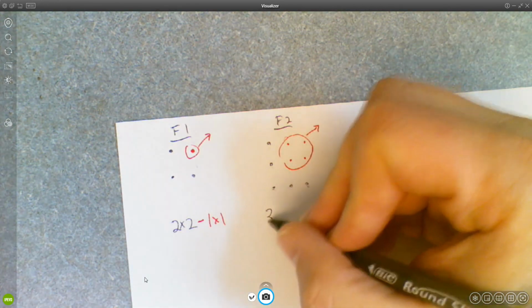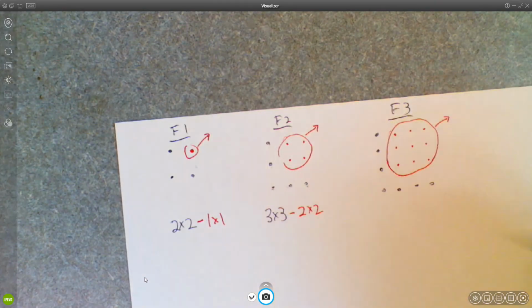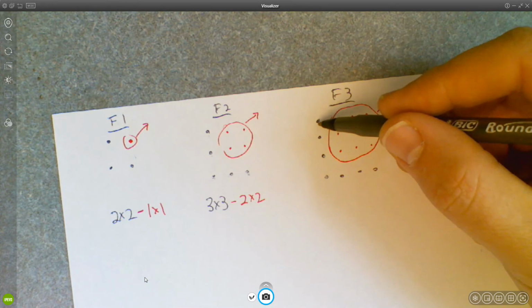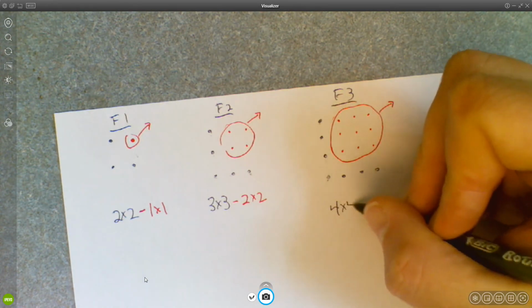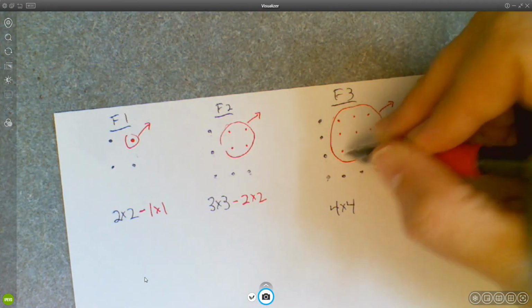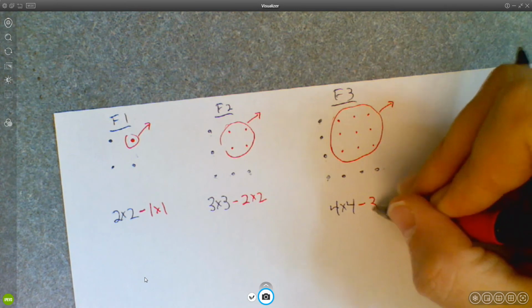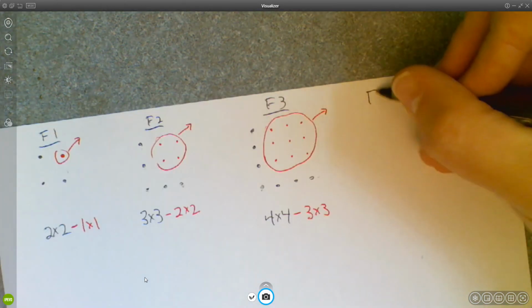So I've got a 3 by 3 minus a 2 by 2. And here, wouldn't you know it, I've got a 1, 2, 3, 4 by 1, 2, 3, 4, but I'm going to subtract off, you guessed it, 1, 2, 3 by 1, 2, 3. Isn't that interesting?